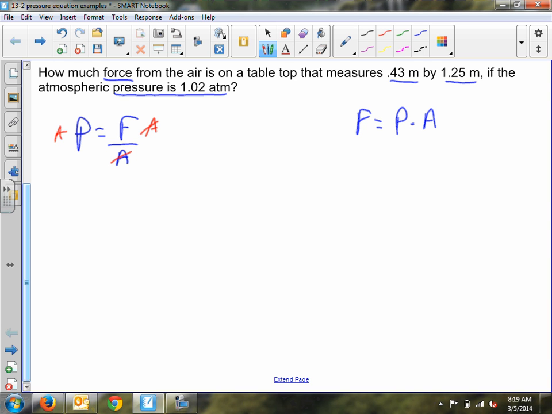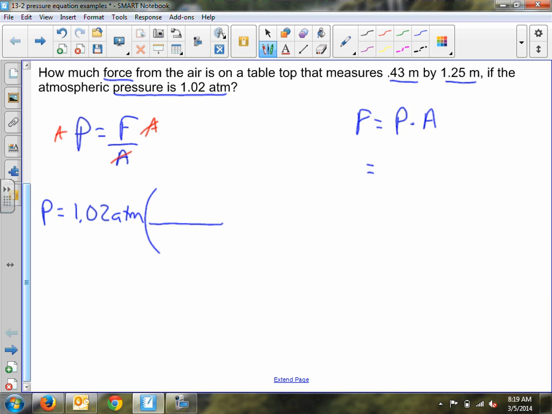Now the force will be measured in newtons. The pressure has to be measured in pascals. So we have our pressure of 1.02 atmospheres. In order to use this equation, it needs to be in pascals.